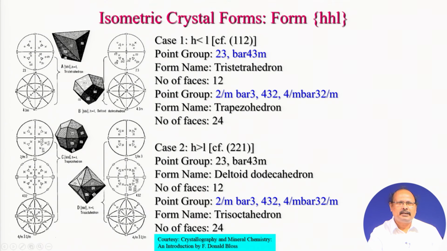So, what will happen here is that once you have 2 over m bar 3, that means you have a horizontal mirror plane here, and with respect to each two-fold axis there is a perpendicular mirror plane, one of this orientation and another of this orientation here.